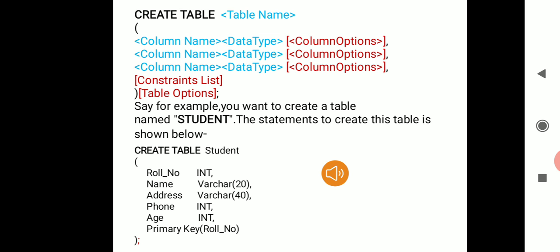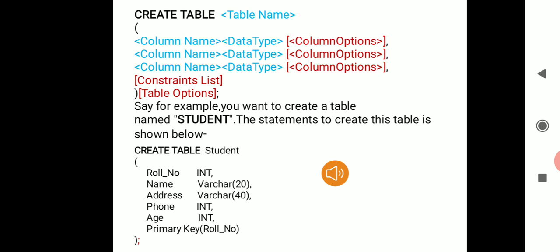Then again come to the next line. See the text address followed by space, then varchar(40). Here the text address is for the column name and the text varchar(40) is for the data type in the syntax above.